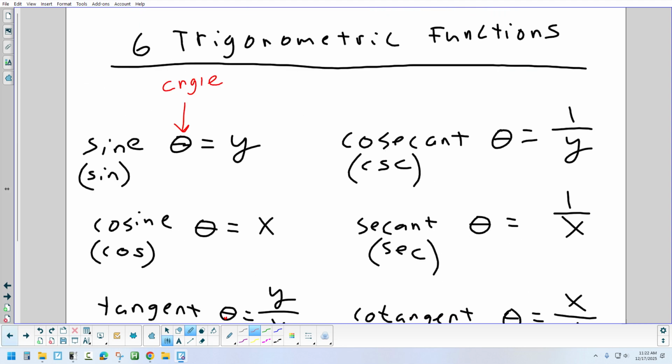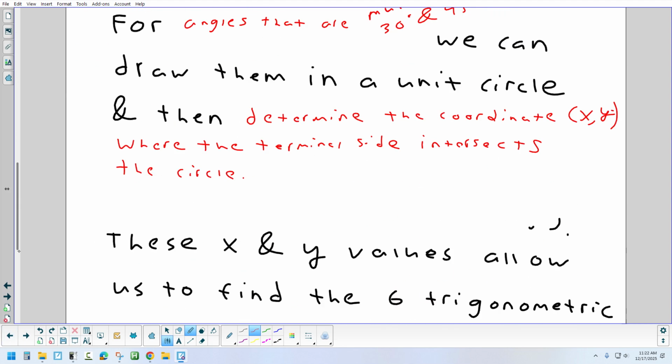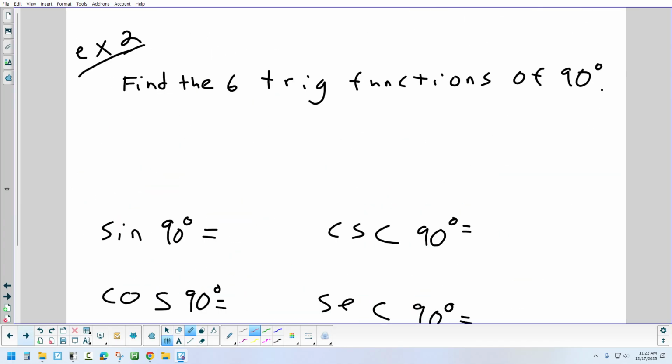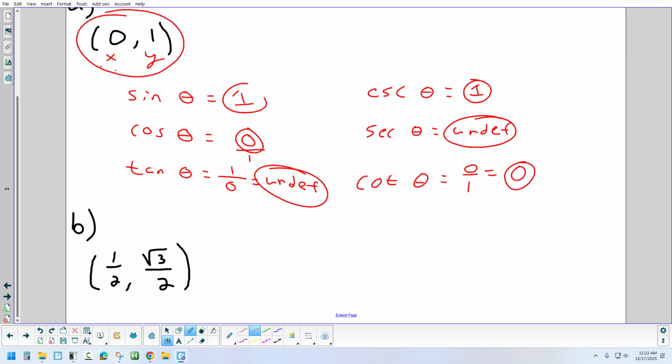Does it look like any of the coordinates that I wrote down right there? No. Then it's not the coordinate for 0, 90, 180, or 270. It is the coordinate for something else, which on the test we have to know. But for now, you don't need to know what angle it represents. All you know is you've got a location on the unit circle, and they want you to take that location and find all 6 trig functions.